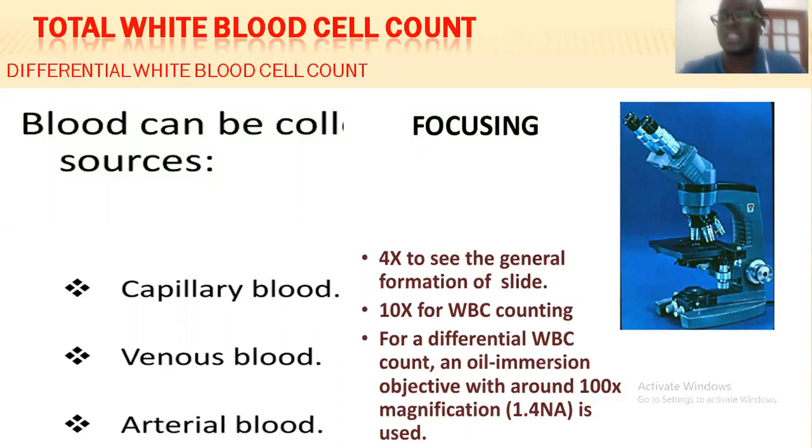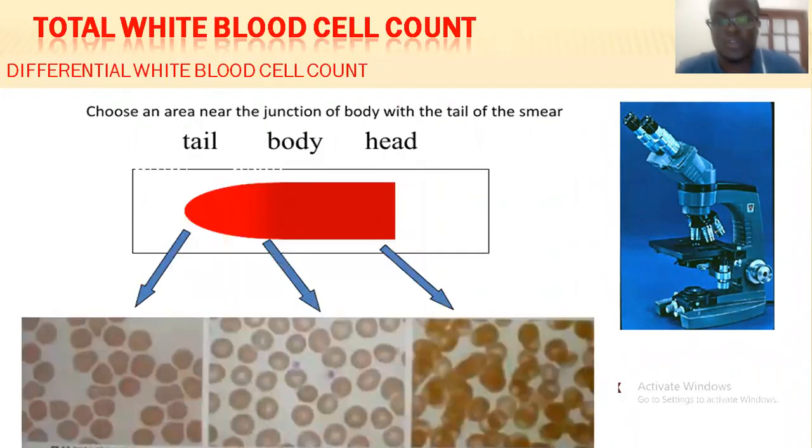When you're looking at the granulocytes, you need to differentiate the types of granules found within these cells so that you're able to tell whether it's a neutrophil, basophil, or eosinophil. So you need a higher magnification power of times 100 so that you're able to appreciate the cells. You expand the cells 100 times the normal size so that you're able to differentiate these different types of white blood cells for you to do a differential white blood cell count.